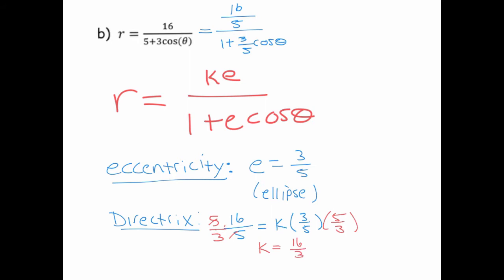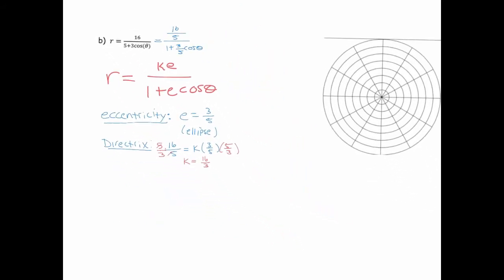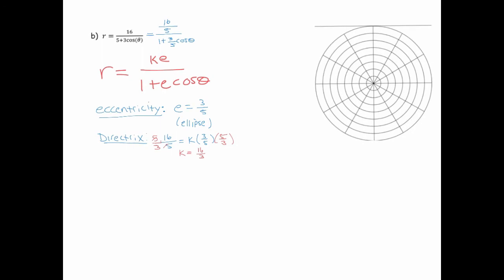And now looking at the overall structure of this ellipse, that really means that we need to write the directrix as, now it's a cosine, so it's going to be x equal to positive 16/3.